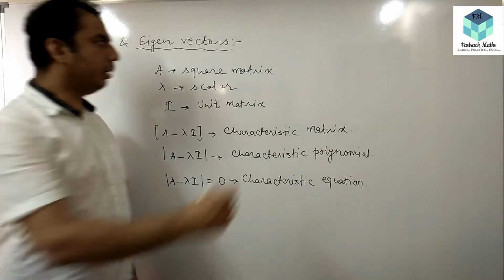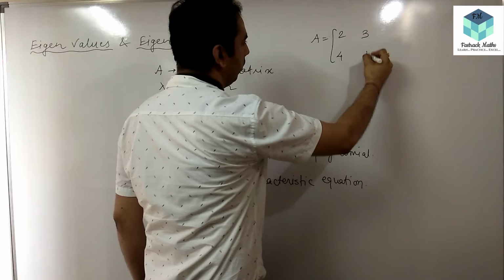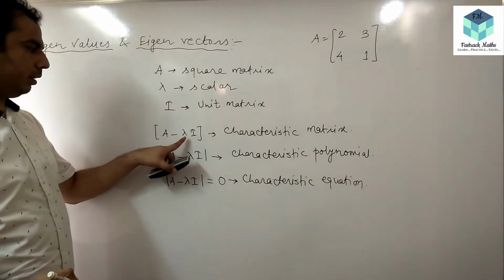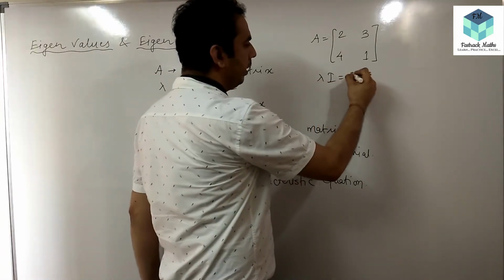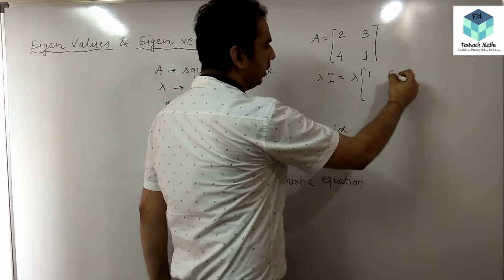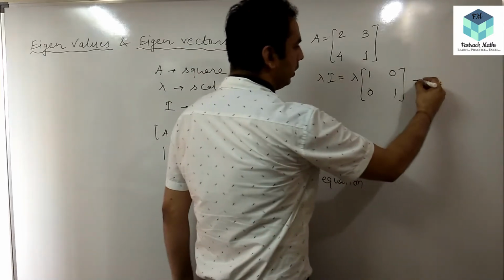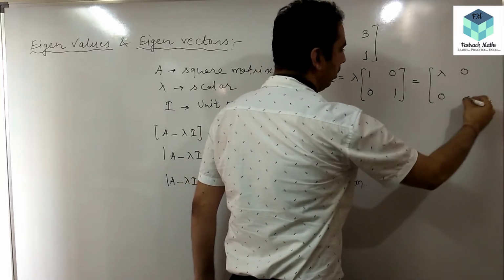So suppose we consider a matrix A equal to 2, 3, 4, 1, and we are taking another matrix lambda I. So lambda I will be given by lambda times the identity matrix, which is 1, 0, 0, 1. So this is equal to lambda, 0, 0, lambda.